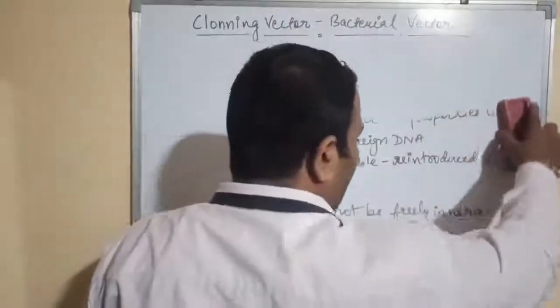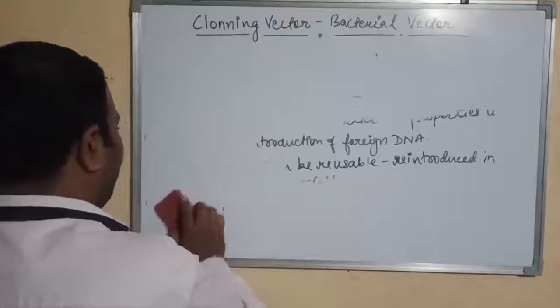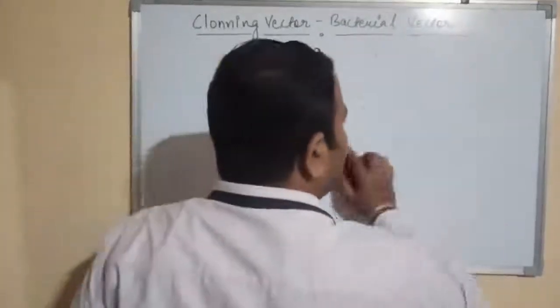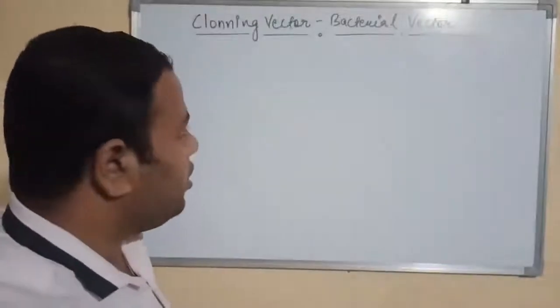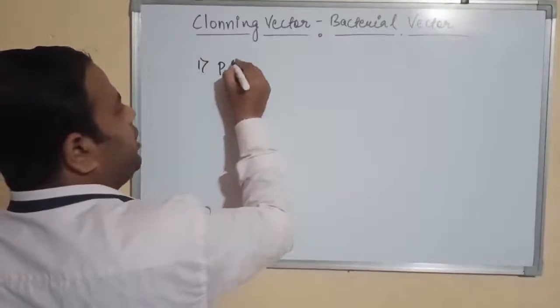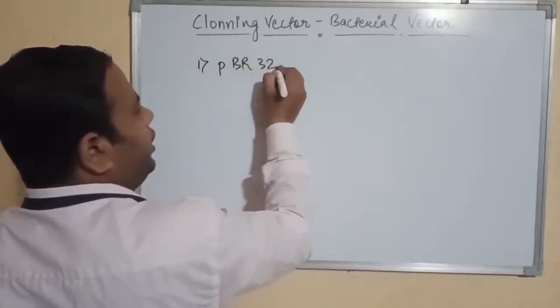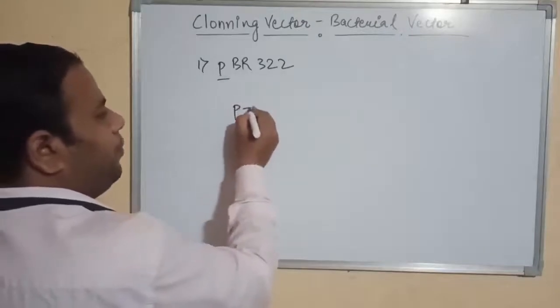Let's see now the plasmids which we are going to study in this video, that is plasmid pBR322 and plasmid pUC19. The pBR322 and pUC19 belong to two families of plasmids, that is the pBR family and the pUC family. So there is a proper way of writing the plasmid. Let's see the first plasmid, that is pBR322. So here P stands for plasmid.